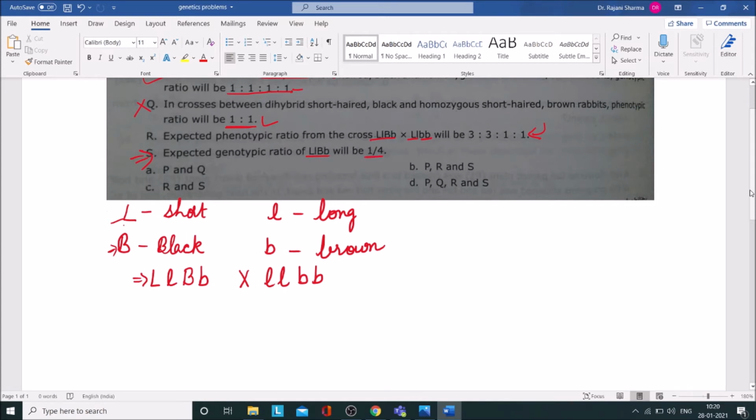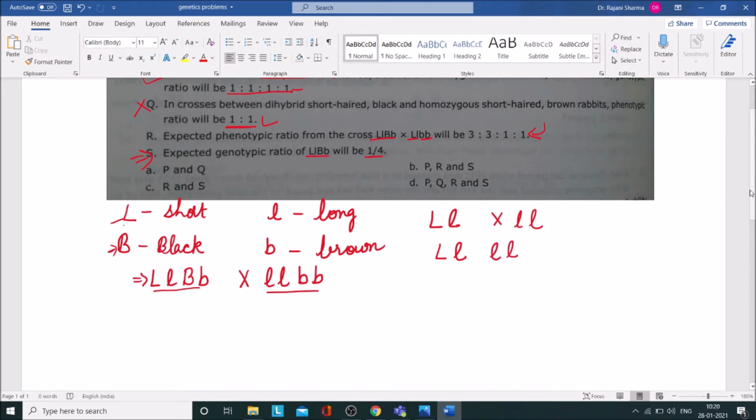So how can we calculate this? We know that here one parent is heterozygous and the other is completely homozygous. When we cross heterozygous capital L small l with homozygous small l, the offspring will be either capital L small l heterozygous or homozygous.